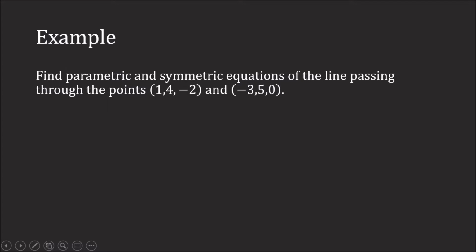Well, if we say that's point P, that's point Q, a parallel vector would be the directed line segment P to Q. So we get -3 minus 1, 5 minus 4, 0 minus -2. There's our parallel vector. We may now choose either point P or point Q. I'm just going to use point P.